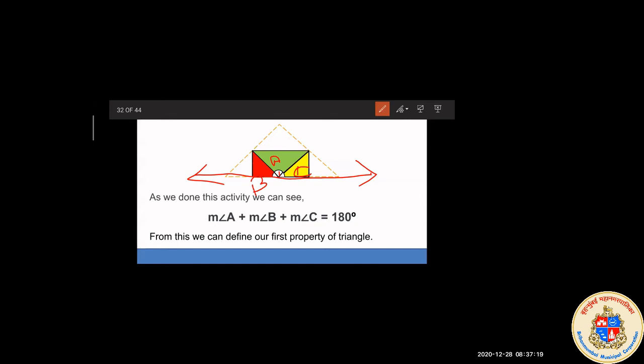From this we can define our first property of a triangle. This is the first property you should remember, everybody: the sum of all the angles of a triangle is 180 degrees. Next, you can define this property.